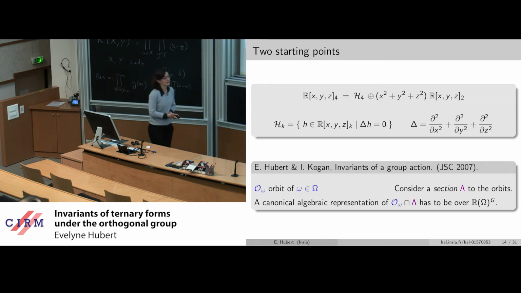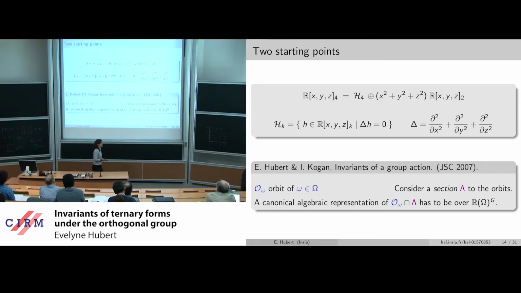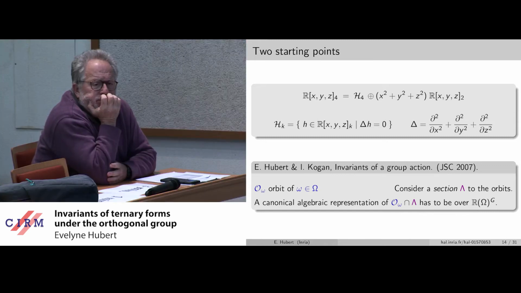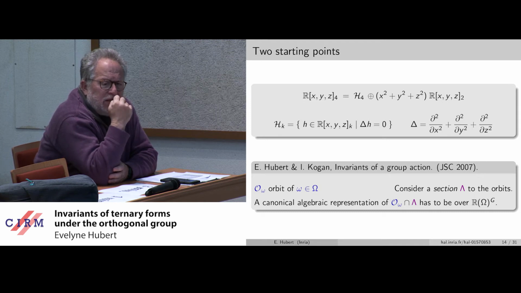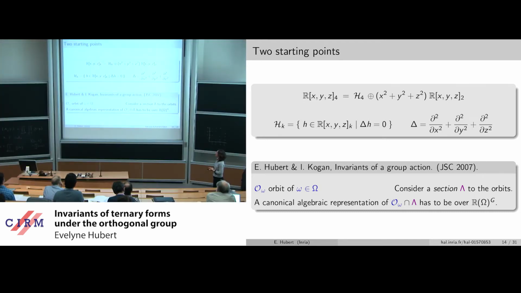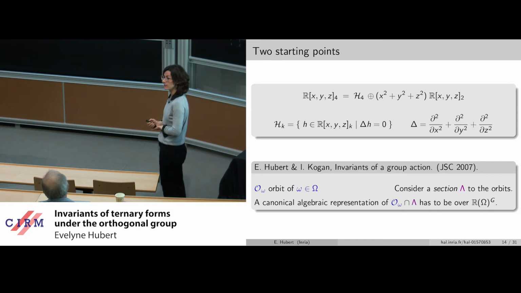So the work that I started with Paul, we had two starting points. On one hand, we are using this decomposition of the ternary form in two invariant spaces. The first space is the set of harmonic polynomials of degree 4.